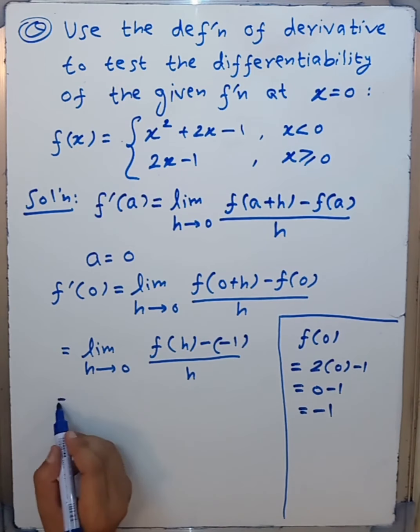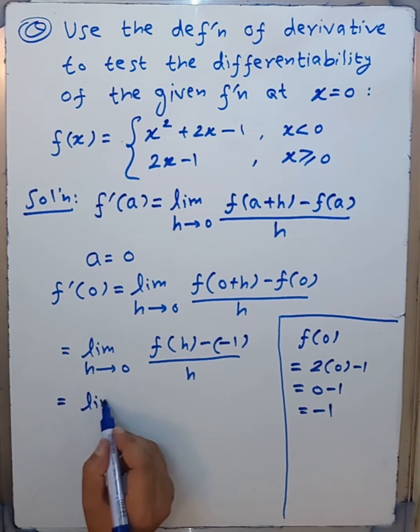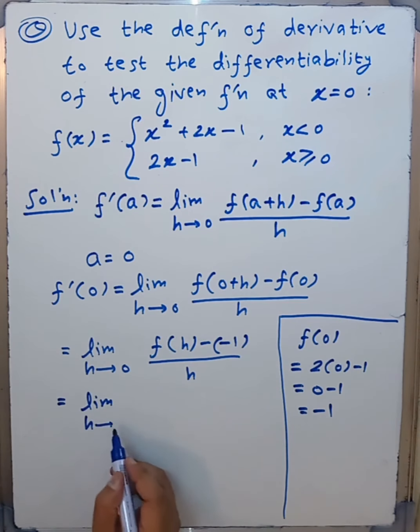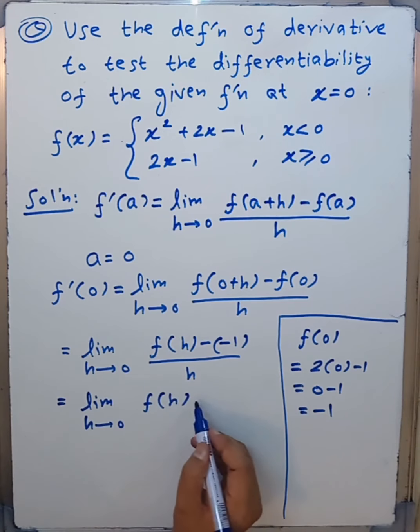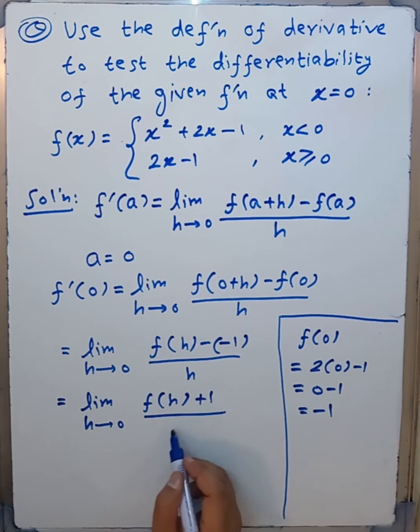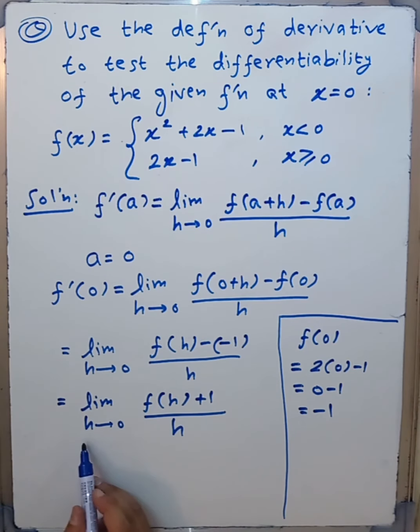And therefore, I get limit h tending to 0, f(h) plus 1 divided by h. Now I have to check if this limit exists or does not exist.